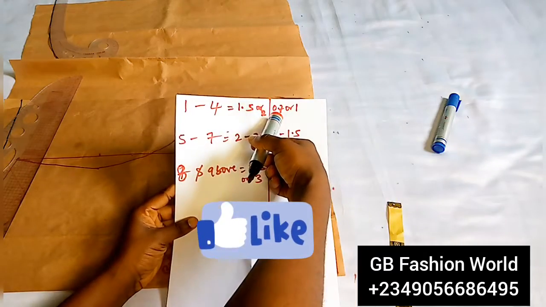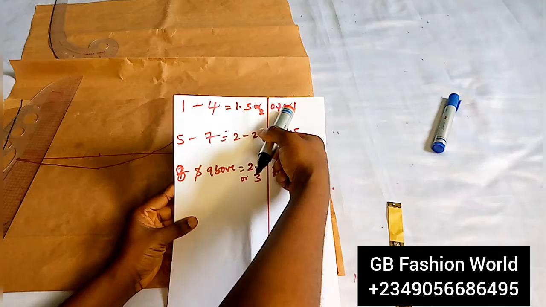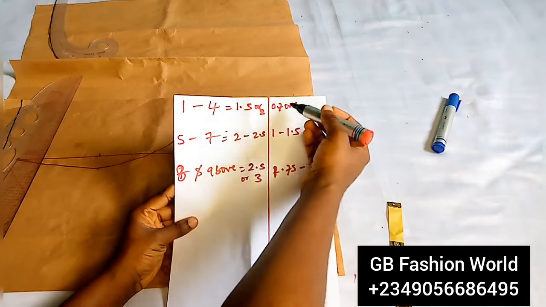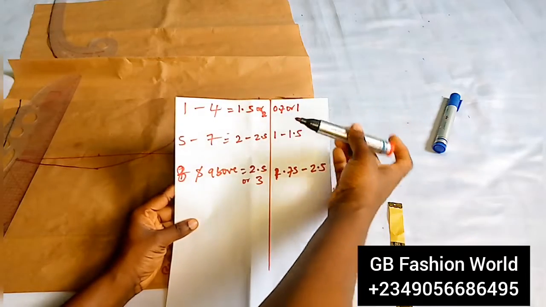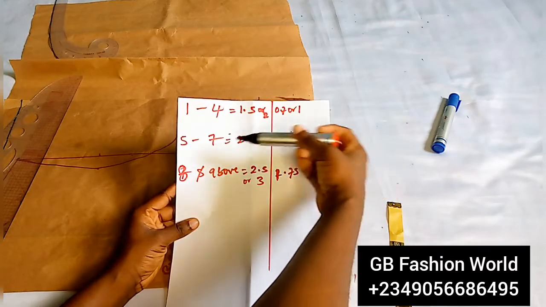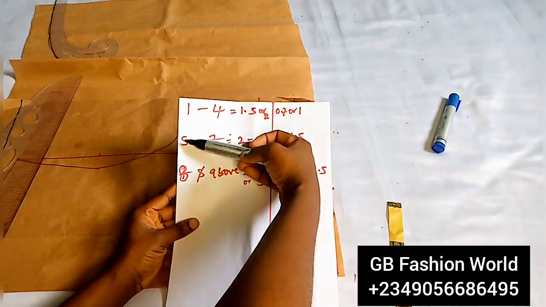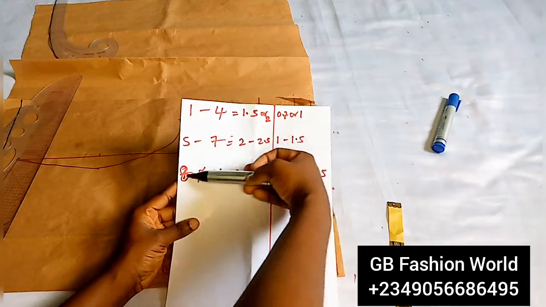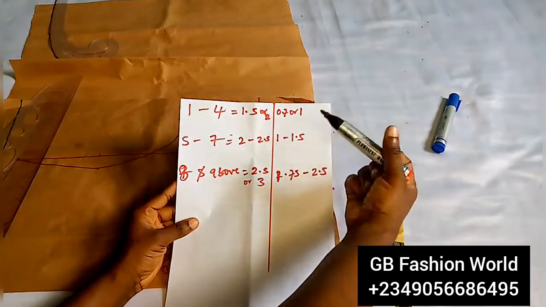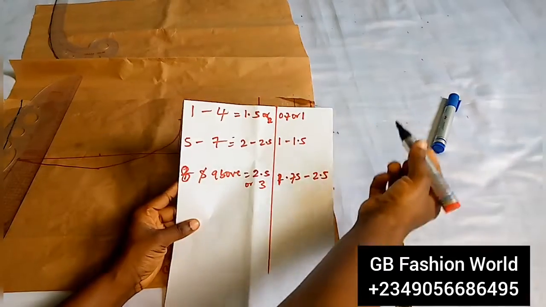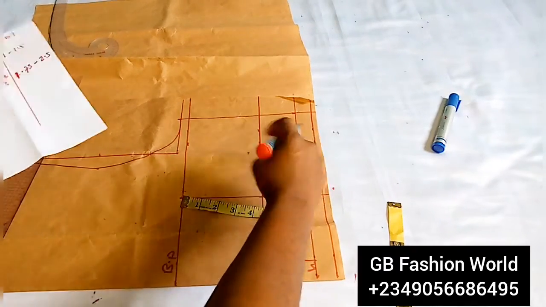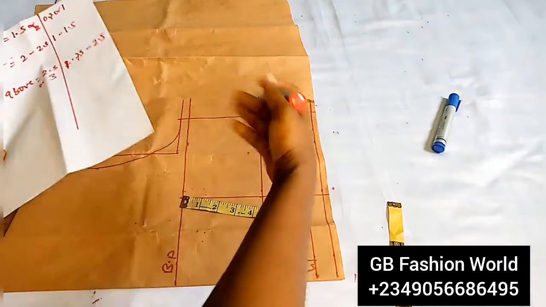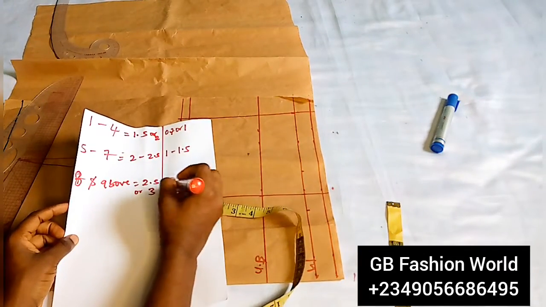So you can use 0.75 or 1 for this, just to give room for the cup. You can use 1.5 if you are working with the value 5 to 7 inches. If it is 8 and above, you can use 1.75 to 2.5. So for this one, we are going to be making use of 2.5, but it's always advisable you make use of 2 to 2.5.